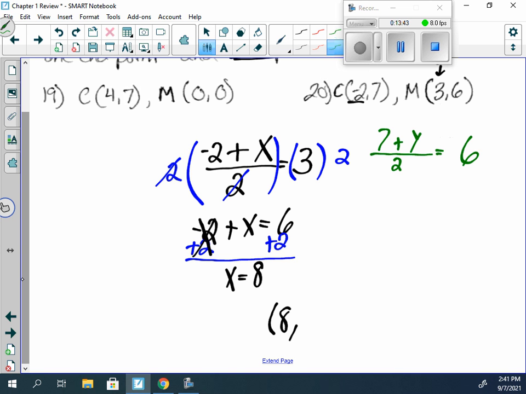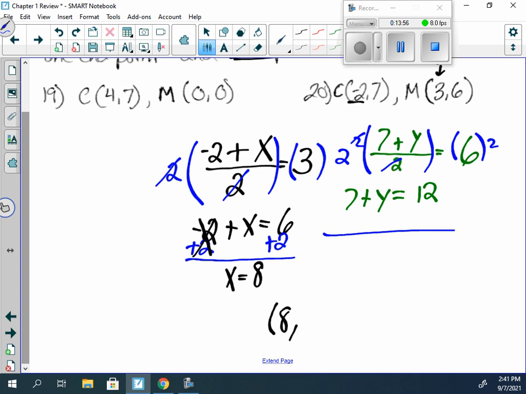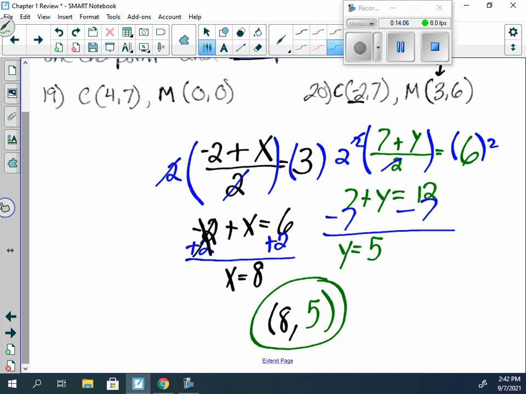We multiply both sides by 2, because these would cancel, leaving us with 7 plus y is equal to 12. And then what do we do next? Subtract 7 from both sides, which tells us y is equal to 5. So the other endpoint is the point 8 comma 5.